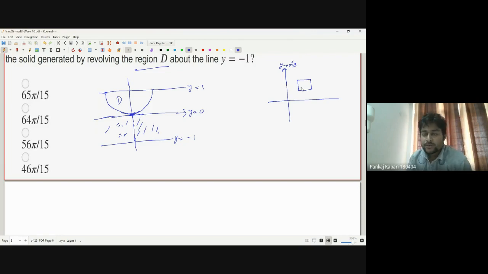If you rotate this particular square about the y axis, then you will see that you can obtain this in two ways. The idea is you will get a cylinder, but the cylinder will be hollow, and in between there will be a hole.